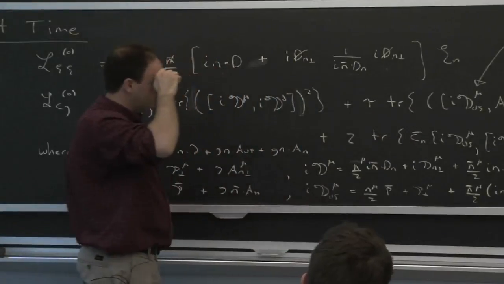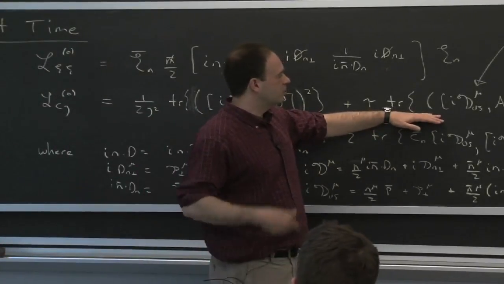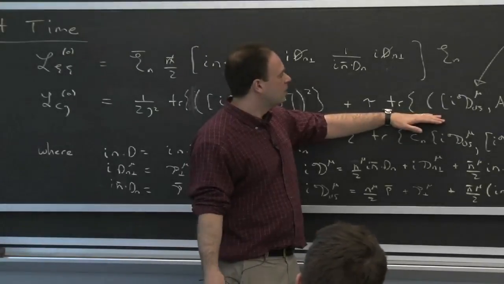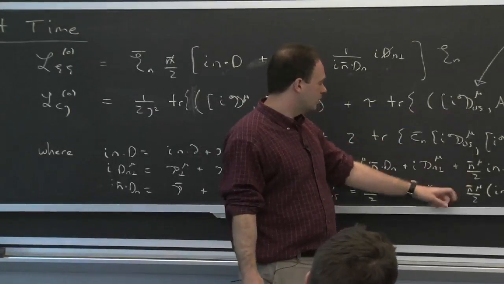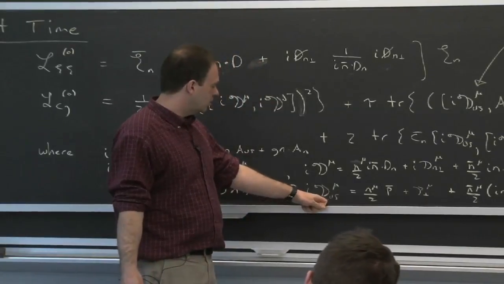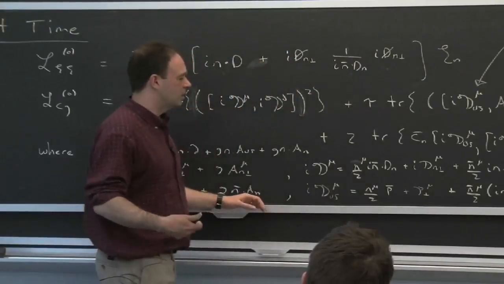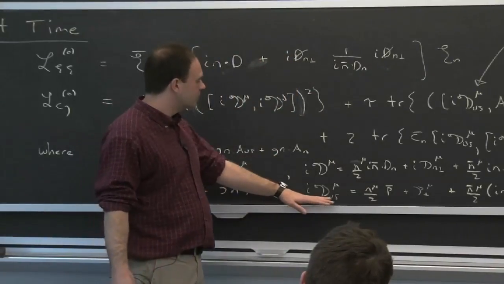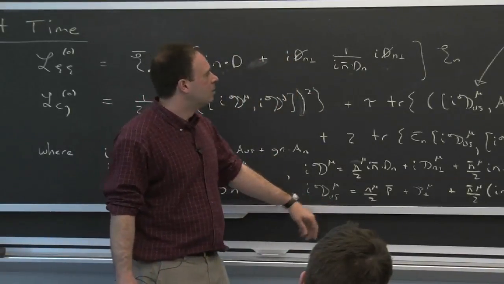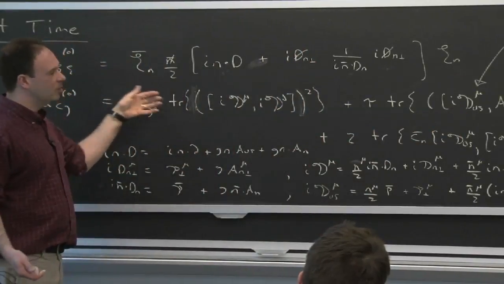And then I said that because we don't want the collinear gauge fixing term to break ultrasoft gauge invariance, we're going to turn that i partial into a covariant derivative. We're going to include this piece here, n.A ultrasoft, to make it ultrasoft gauge invariant at lowest order.